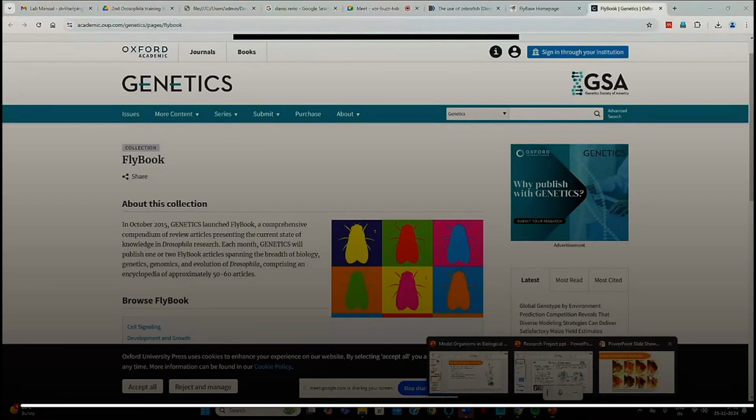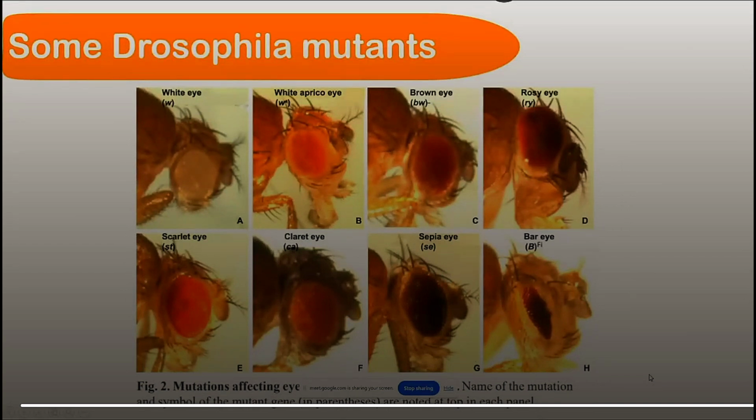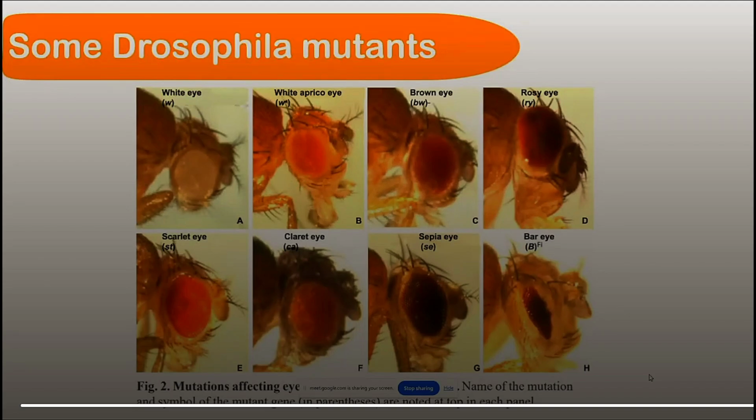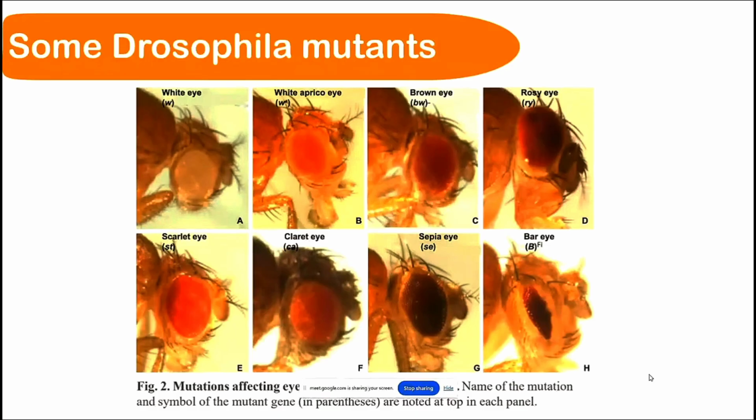Sorry. Yeah. So now these are some of the interesting images with respect to Drosophila. As I mentioned, one of the qualities of a model organism is that they can have several mutants. We saw that in case of C. elegans also, and Drosophila is famous for n number of mutants.